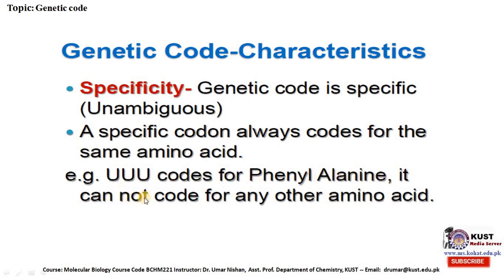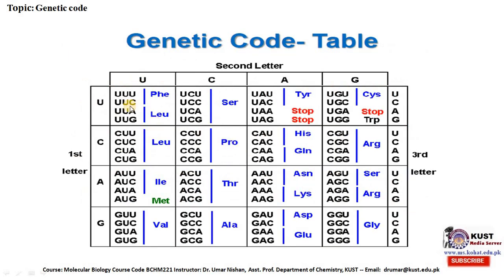It cannot code for any other amino acid. Or for example, CCU or CCC codes for proline. It cannot code for, for example, leucine. It codes only for proline. In this case, these codons are for threonine, so they only code for threonine. They cannot code for, say, methionine or valine or alanine.